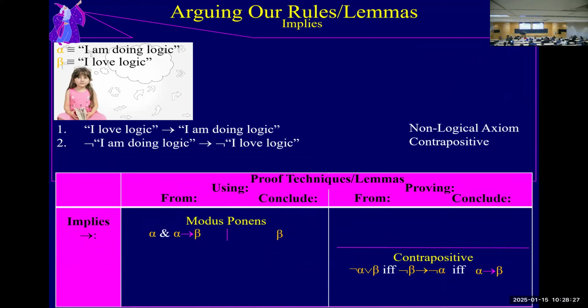All right, so here's some of our rules that we wrote already. Everybody good with these rules? Here's the contrapart. This one says either alpha is false or beta is true. Everybody good with those?